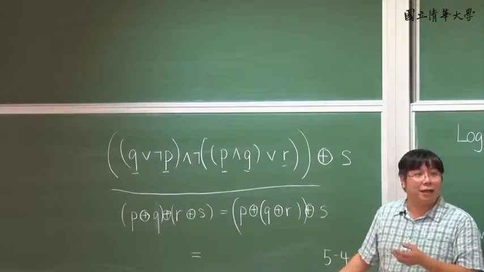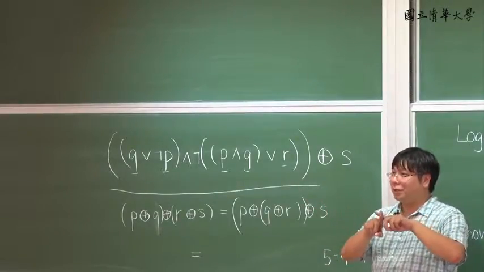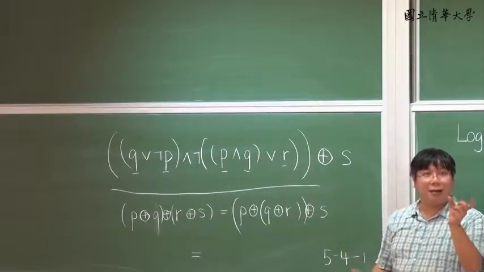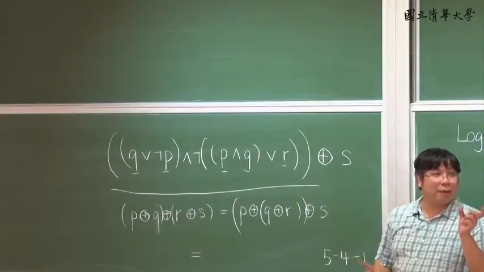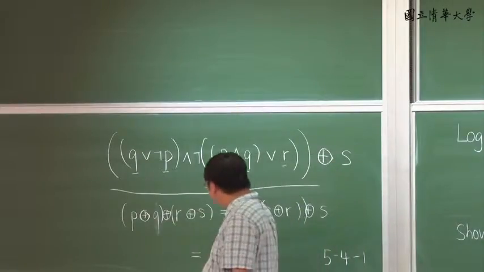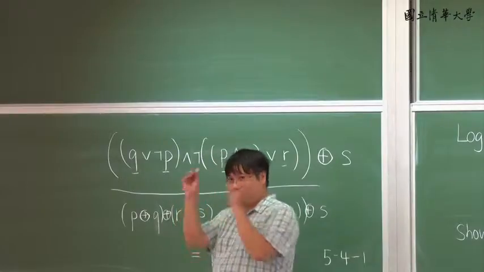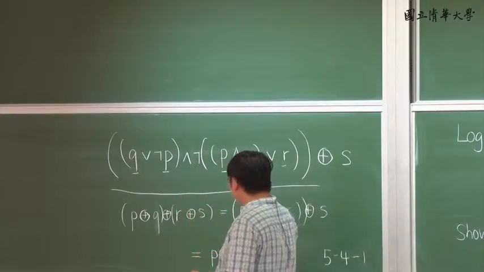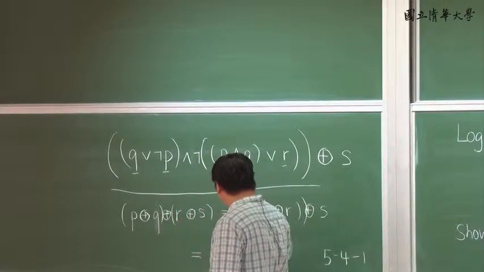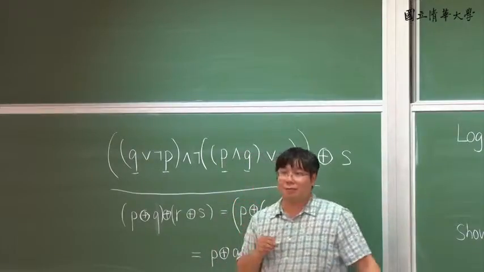So exclusive OR is like addition. The ordering of which pair of propositions to be applied first doesn't matter. So we can normally write it down without brackets, simply as P, Q, R, S. Is it okay? Okay.